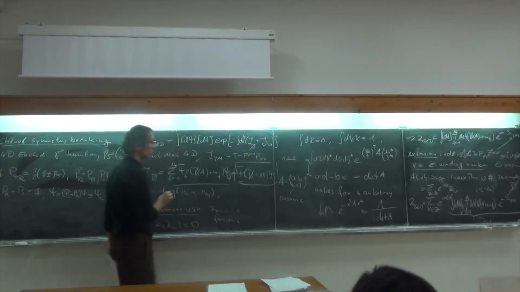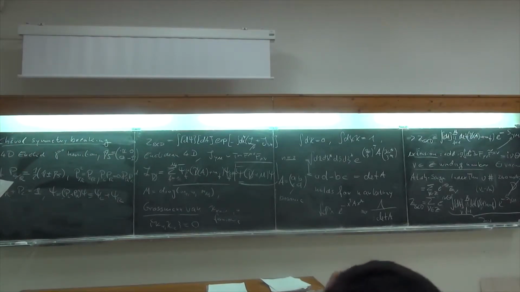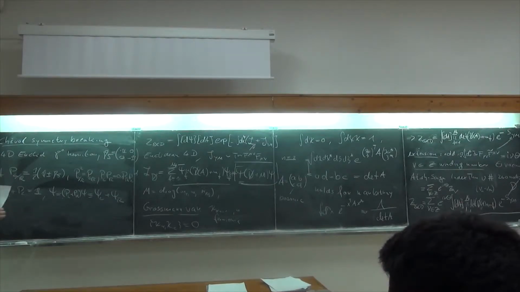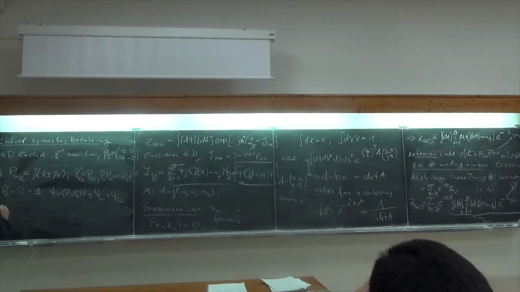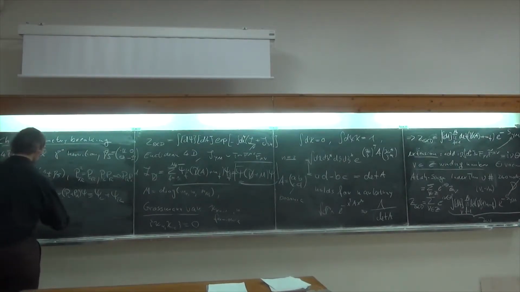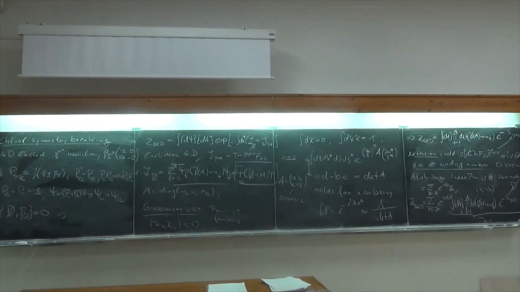So what are the symmetries of this action under global rotations? Well, there are the following properties. First of all, we will use that the Dirac operator slash and gamma 5 anticommute.